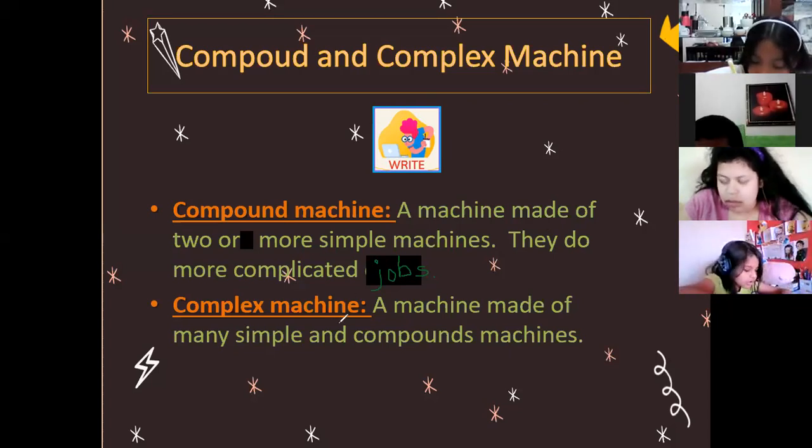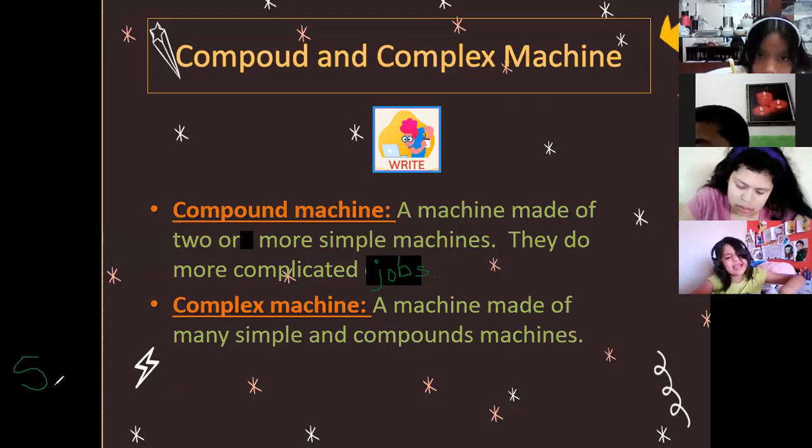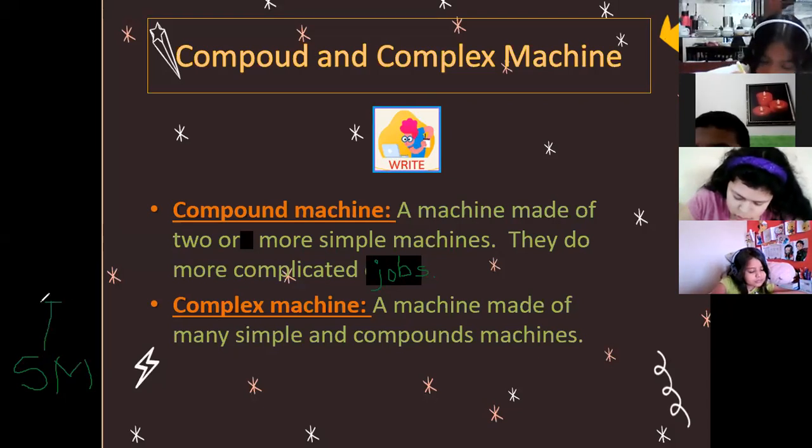A complex machine is a machine made of many simple and compound machines. So see, we begin from a very simple thing, which is a simple machine. We start here. Now, many simple machines create a compound machine.